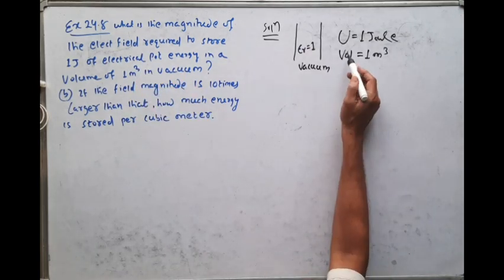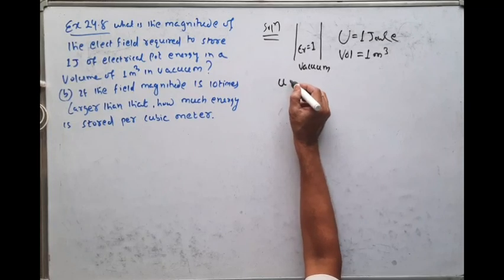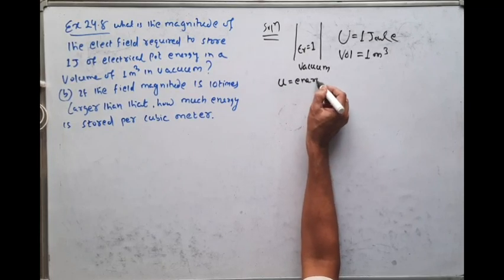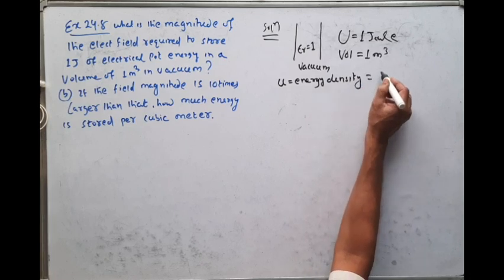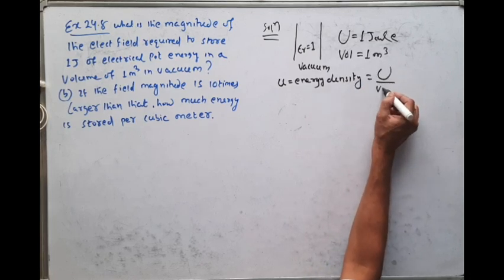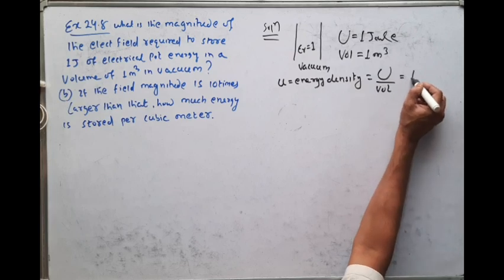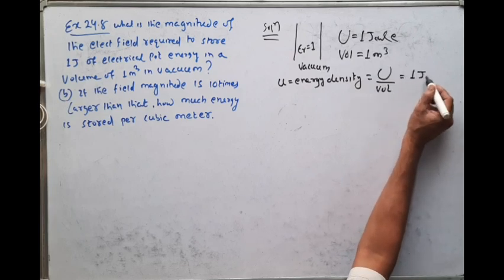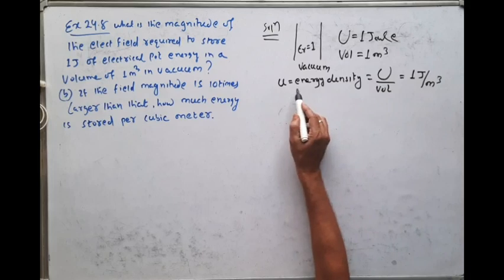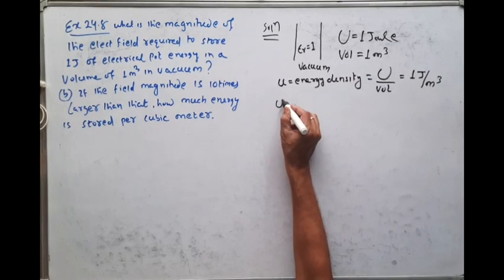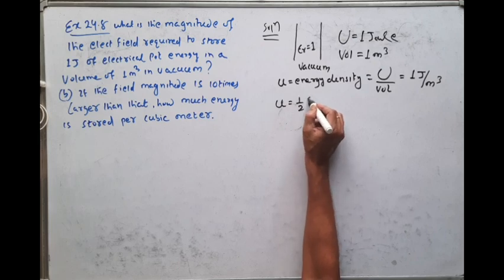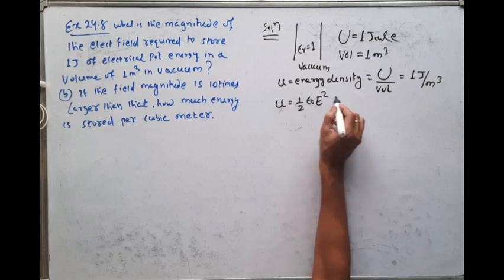Now you see, you know the energy density, U. Energy density is nothing but total energy per unit volume. So this is 1 joule per meter cube. This is the energy density. And we know the relationship: the energy density is equal to half epsilon naught into E square.